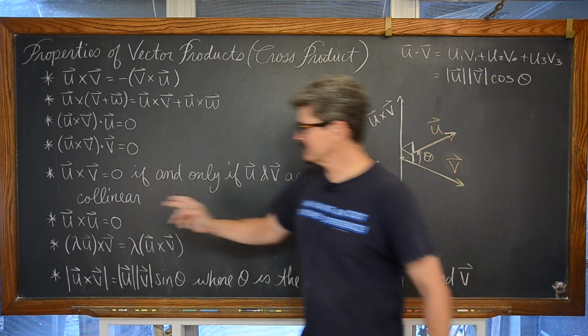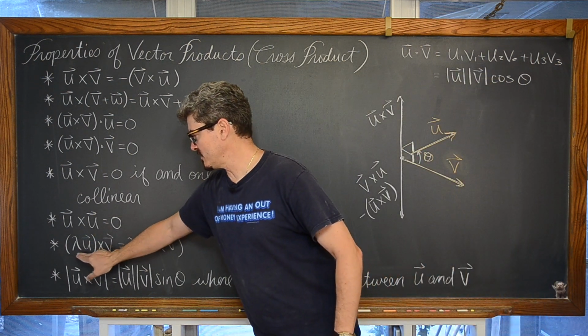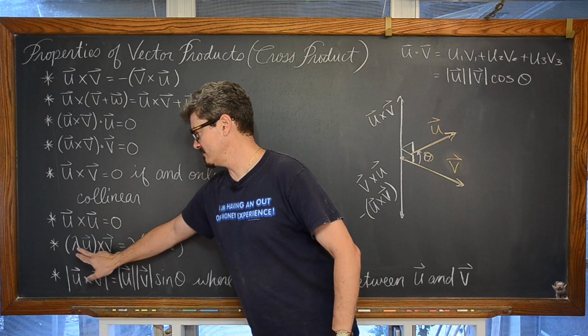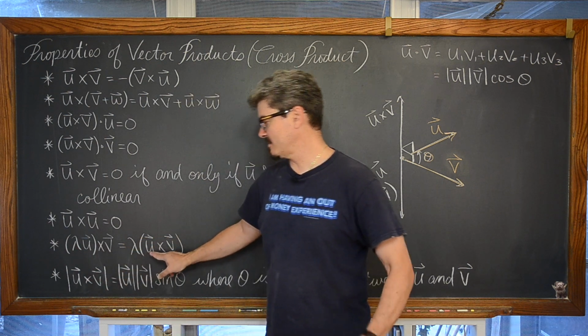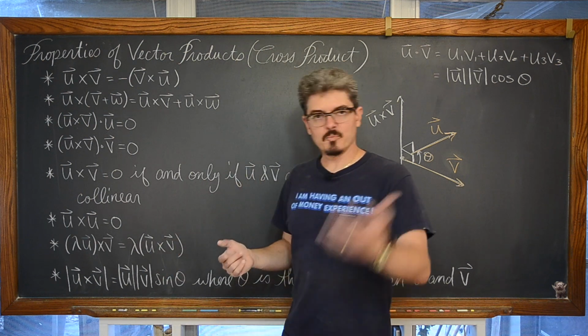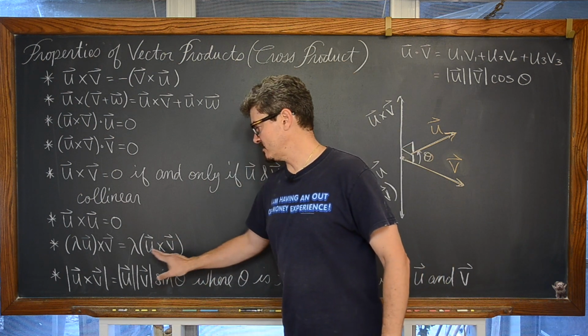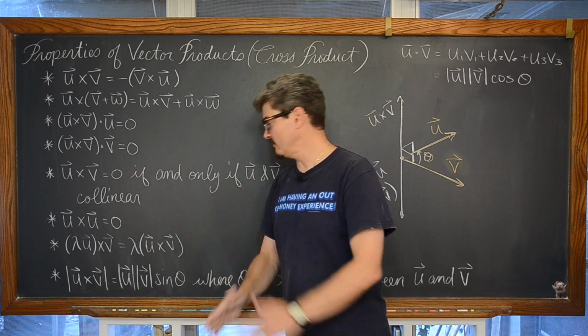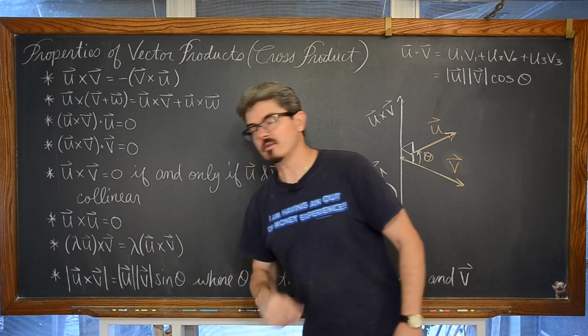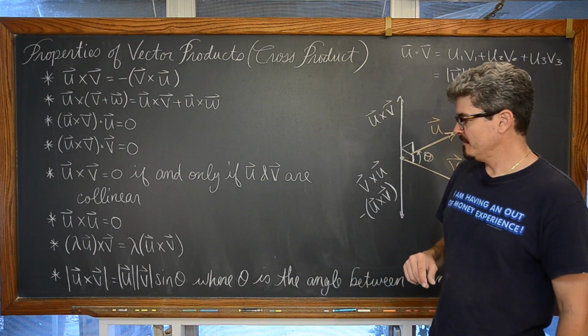The scalar multiple, lambda times vector u crossed with vector v, is the same as, if it helps your particular problem, taking the cross product of vector u and vector v, and then when you've found that third orthogonal vector, your cross product vector, you can then multiply that by lambda.